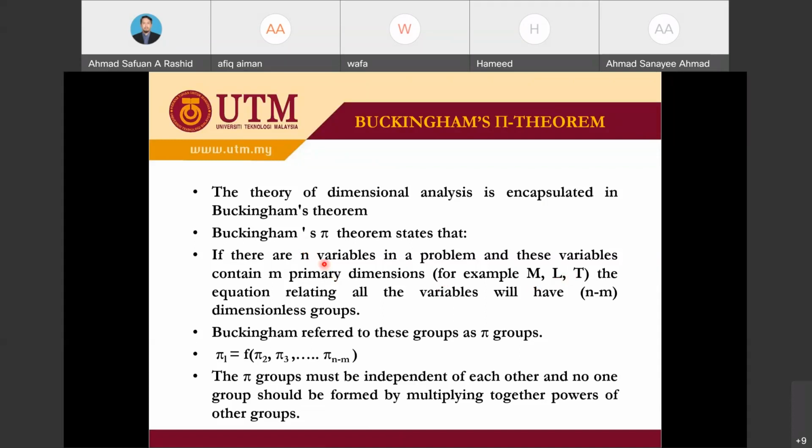We may discuss later on to show this in an example. Buckingham refers to this group as the Pi group, and that's why they call it Buckingham Pi theorem. So we list all together all the important input and output. The Pi groups must be independent of each other, and no one group should be formed by multiplying together powers of other groups.